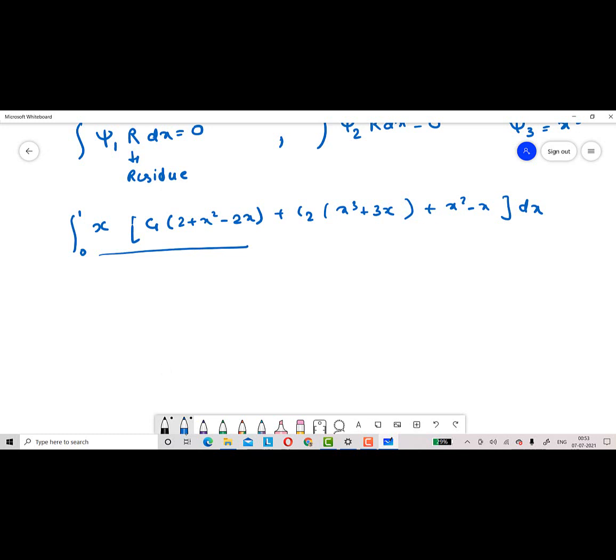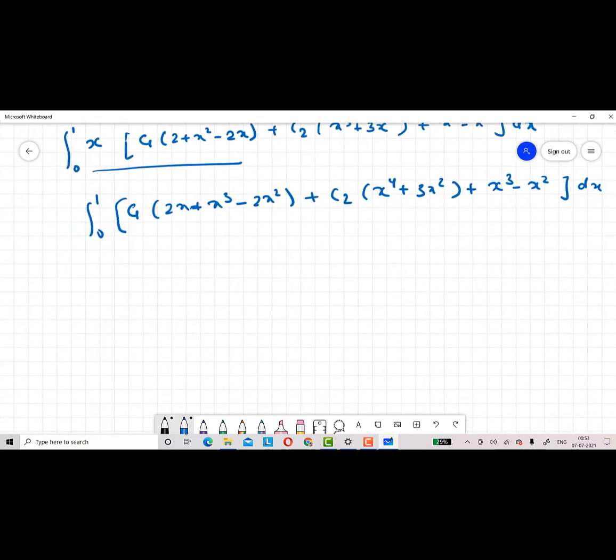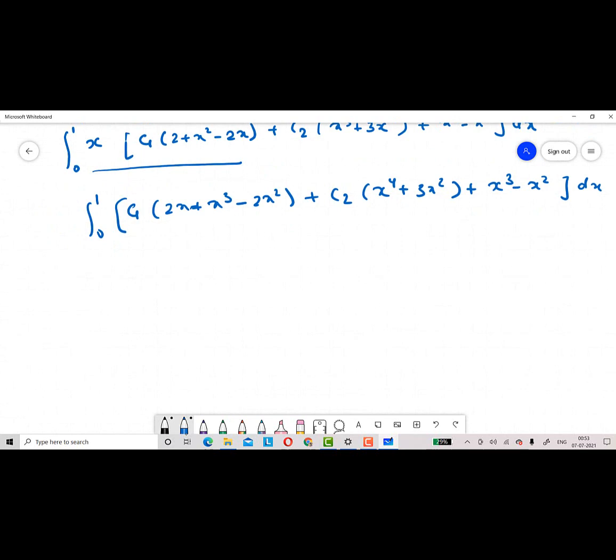This becomes C1 (2x plus x cube minus 2x square) plus C2 (x to the power 4 plus 3x square plus x cube minus x square) dx. On solving this, we get the coefficient of C1 as 7/12 plus 6/5 C2 equals 1/12.